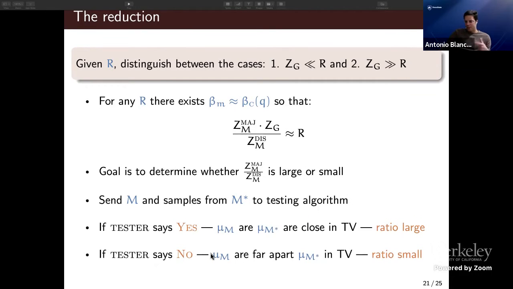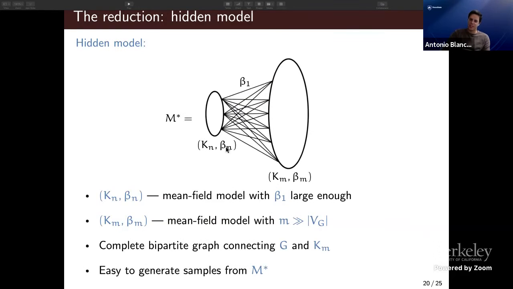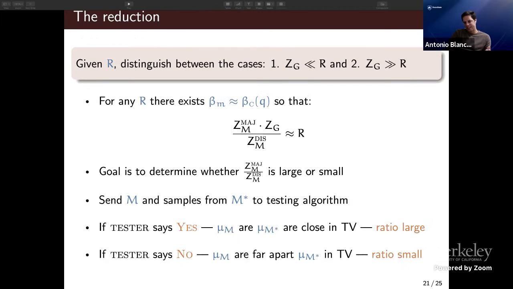Otherwise, when it says no, then the total variation distance is large, and that means that the disordered phase dominates, right? Because now in the hidden model you have monochromatic, whereas in the visible one you are behaving like what G, the hard instance, says you should see. So in that case, the ratio is small.